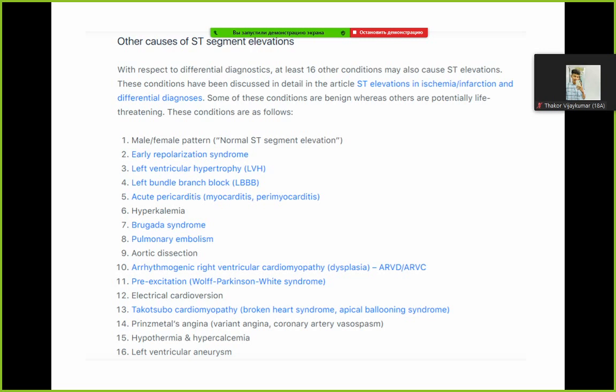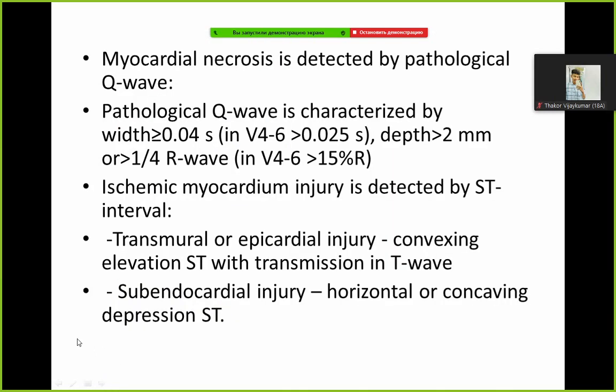So we must analyze ECG changes and ST segment elevations with analyzing of clinical presentation of our patient. Not only the ECG record, but also we must have in mind his clinical presentation.